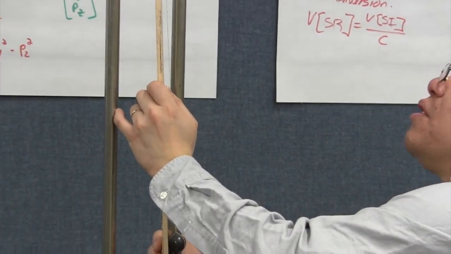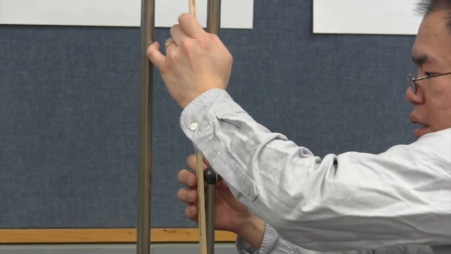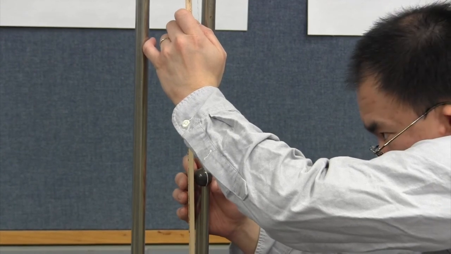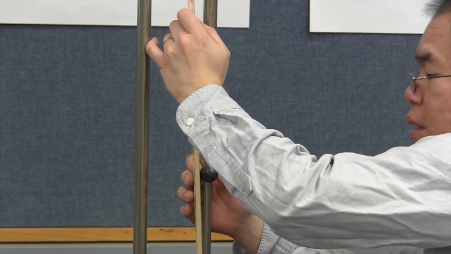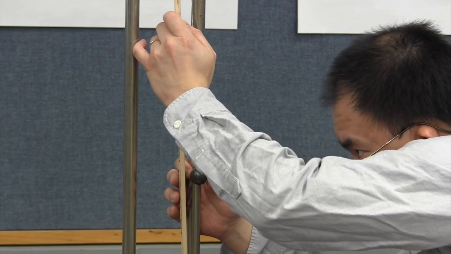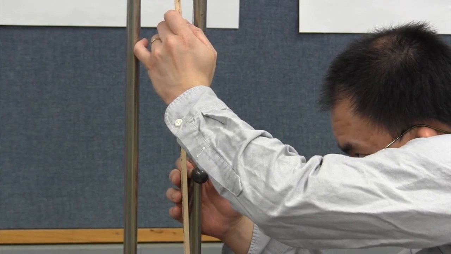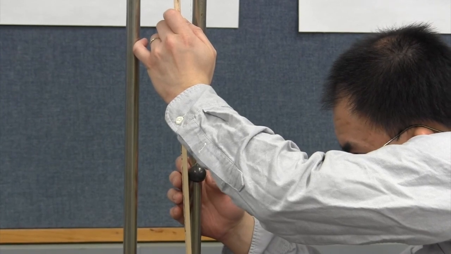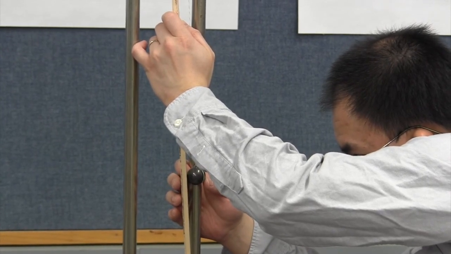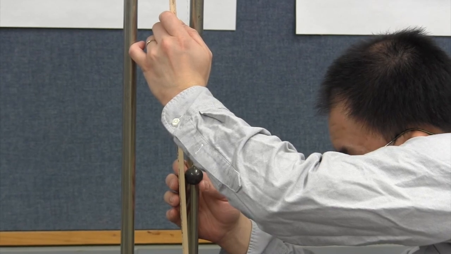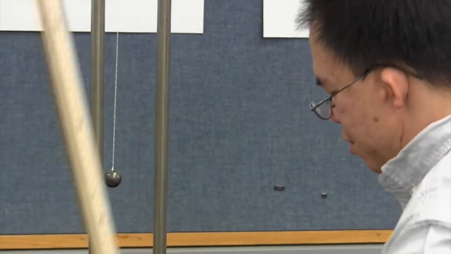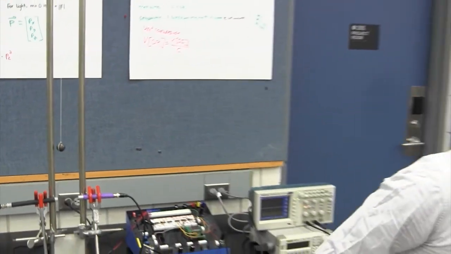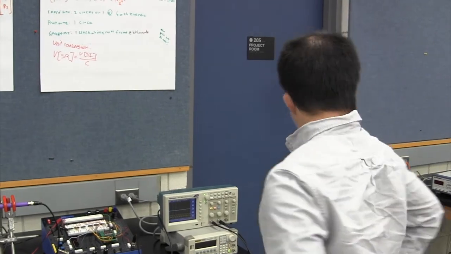Again, trying to not have too much parallax here, and keep this straight. I would say that this is right about 79 point something. Okay, so I'm going to round that to just about 80. Let me grab my notebook, which I put down.